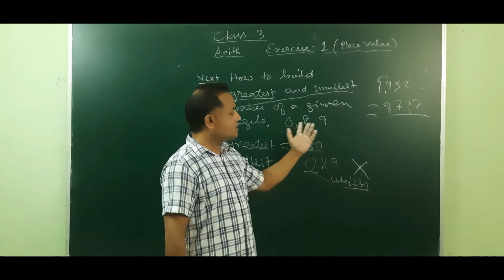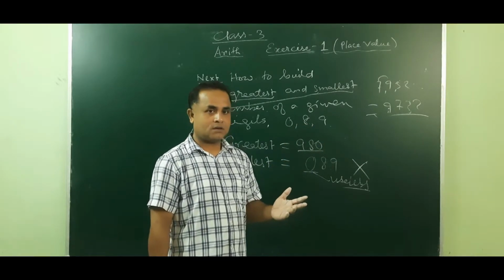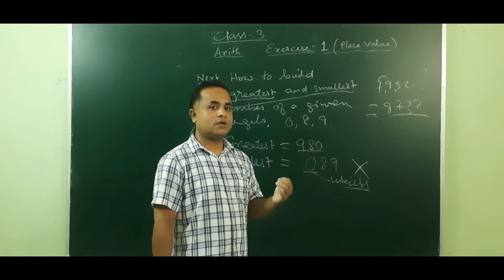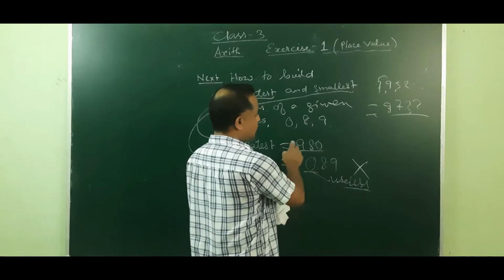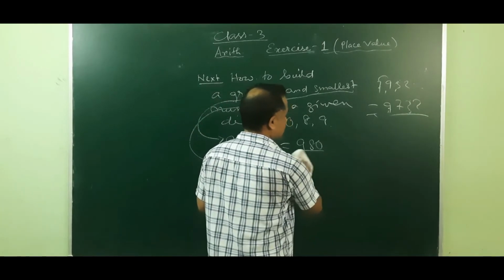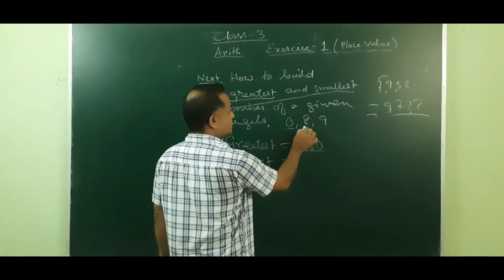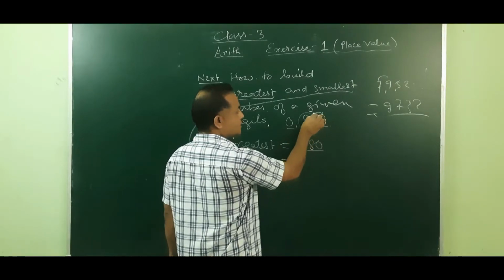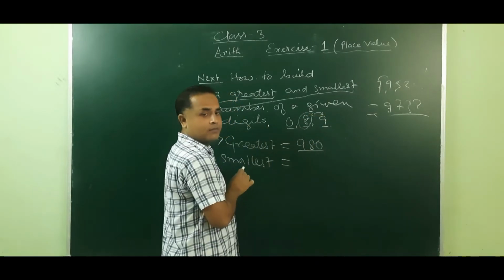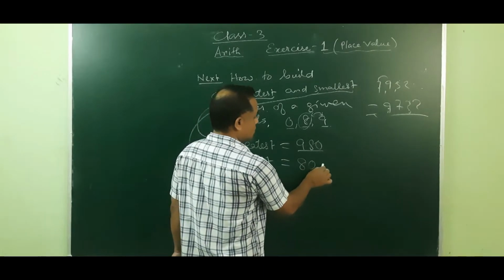So if there are 3 digits, what should come? There should be a 100. When you are counting a number, there should always be a 100. Here it forms only 89. So to make a correct answer, we check out of these three, this one is the smallest apart from 0. So we will write 8, 0, 9.